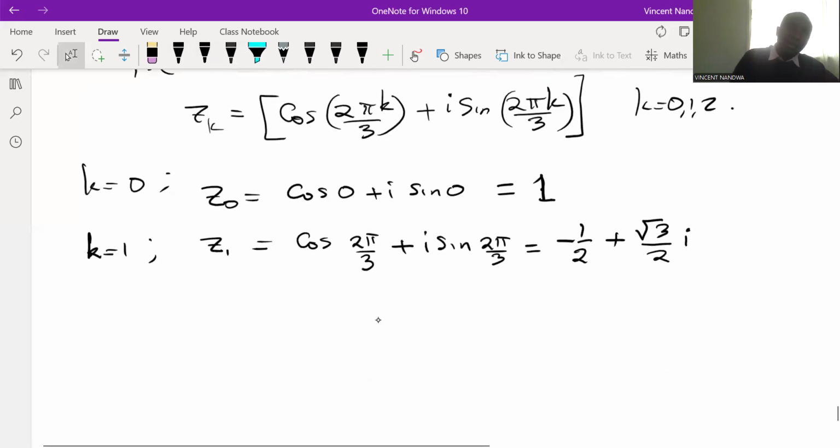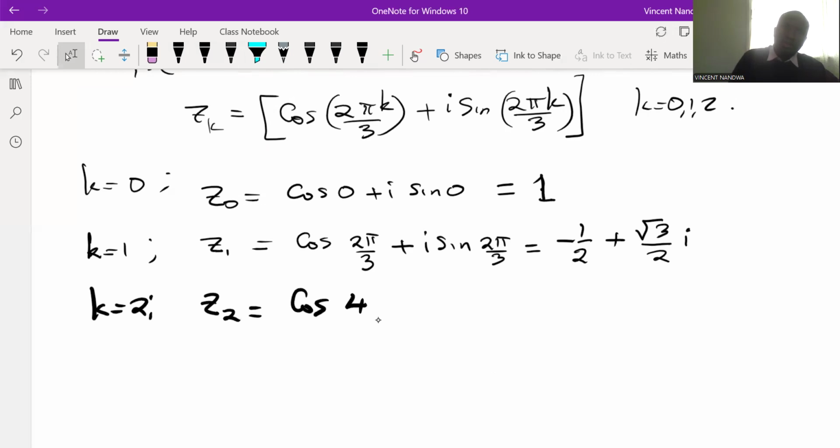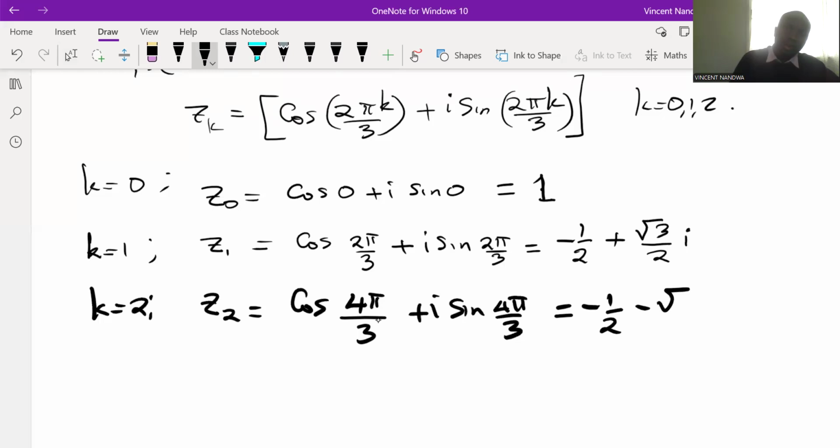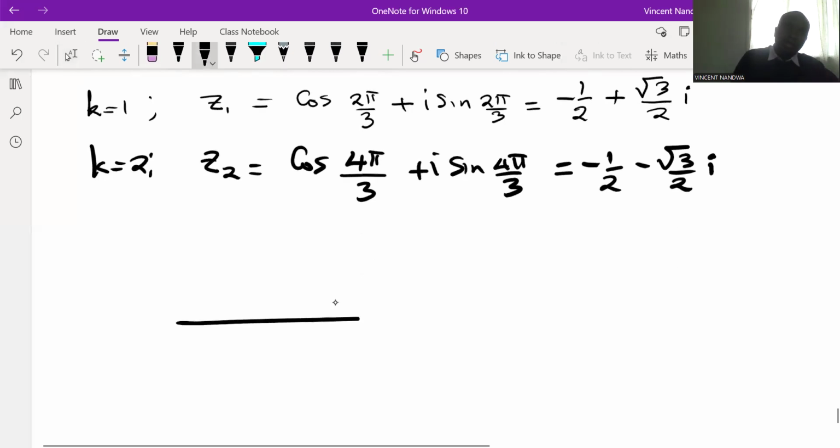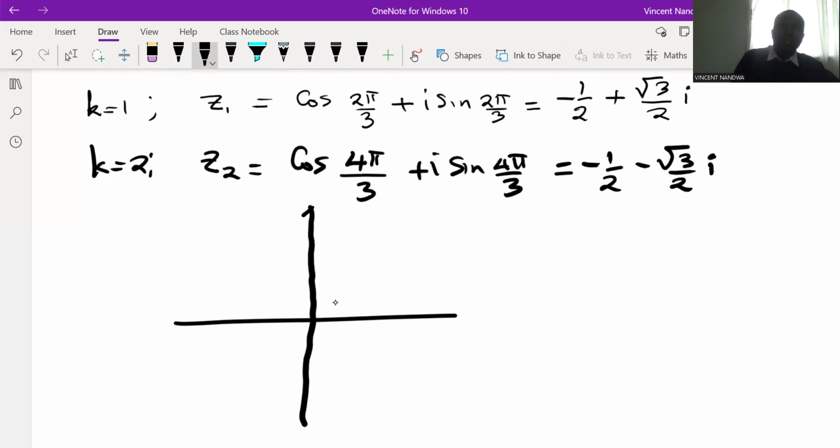Then when k is 2, z2 will be given by cos of 2 times 2, which is 4 pi over 3, plus i sine 4 pi over 3. And when you work this out, you get minus a half minus root 3 over 2 i. So those are the 3 cube roots of unity, or 1.